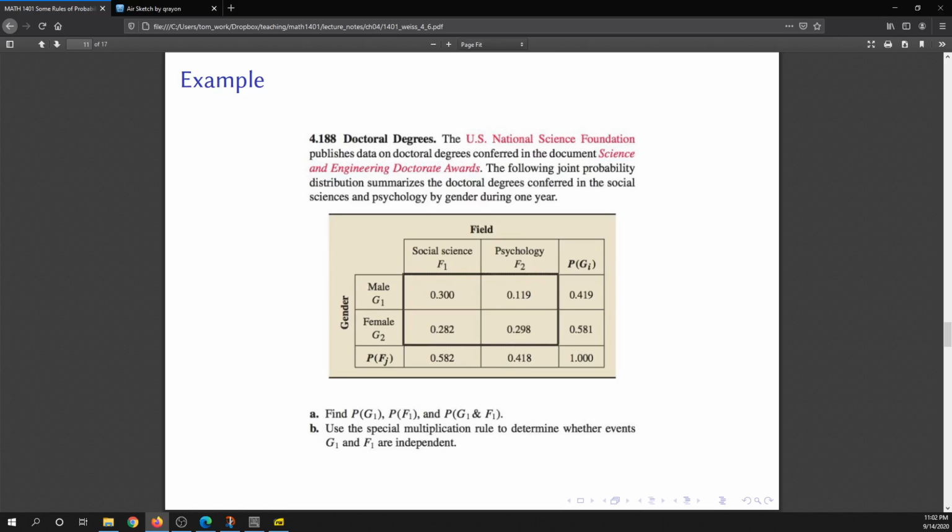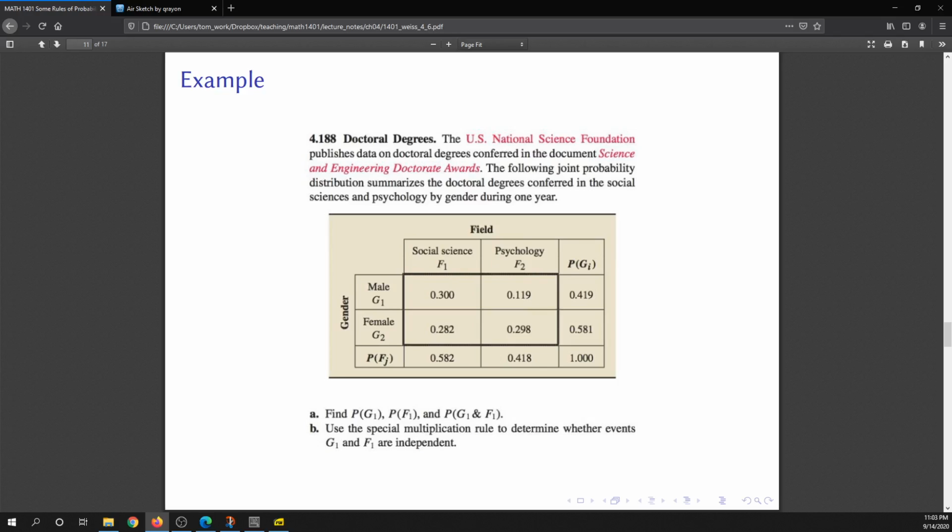All right, so this is 4.188, doctoral degrees. It says the U.S. National Science Foundation publishes data on doctoral degrees conferred in the document Science and Engineering Doctorate Awards. The following joint probability distribution summarizes the doctoral degrees conferred in the social sciences and psychology by gender during one year.